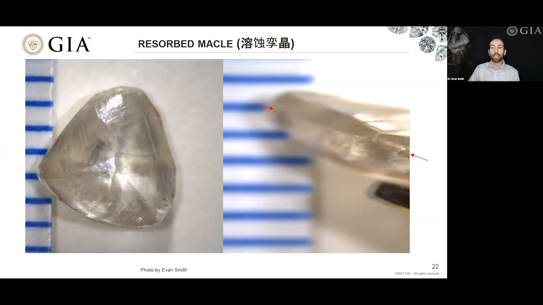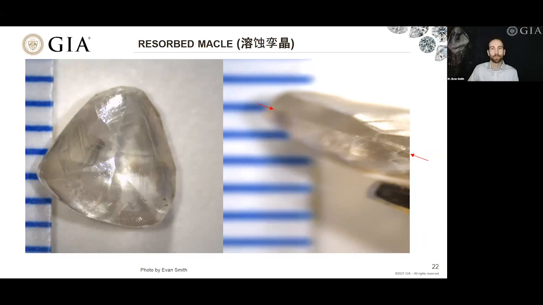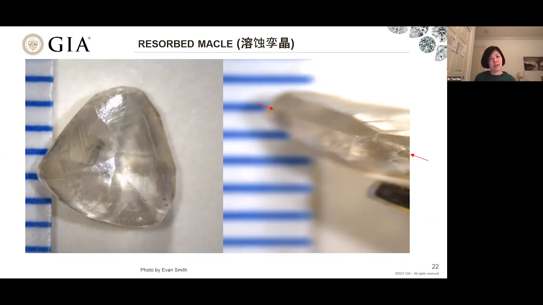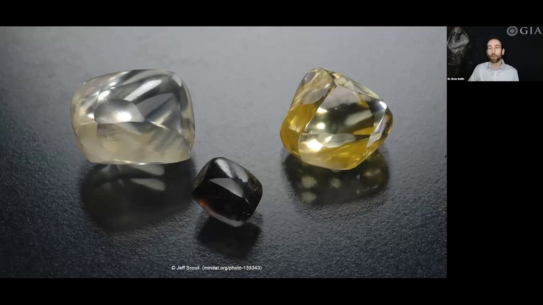In the right image, we're looking at the edge of the macule, and the twin plane that divides the top and bottom is indicated by the arrows. 这个三角薄片双晶是被溶蚀了的，表面呈现浑圆的状态，八面体的面不见了，现在变成菱形12面体的顶和底，中间的双晶面是两个红色箭头指的部分。这个稍微有点不太清楚，但是还是能看出来有一条线在那儿。Next one. Now we're going to take a closer look at surface features.